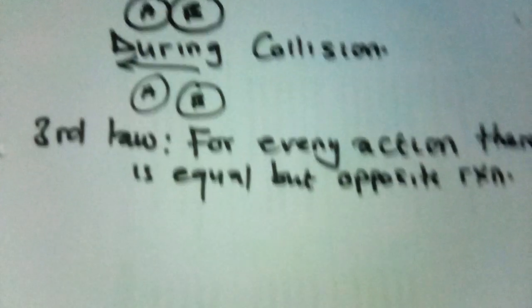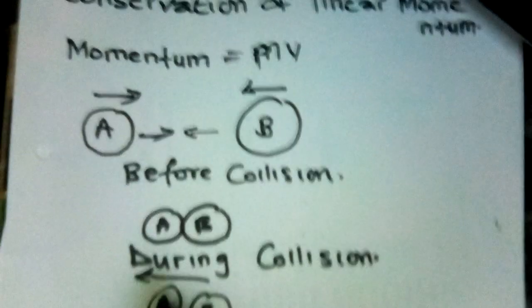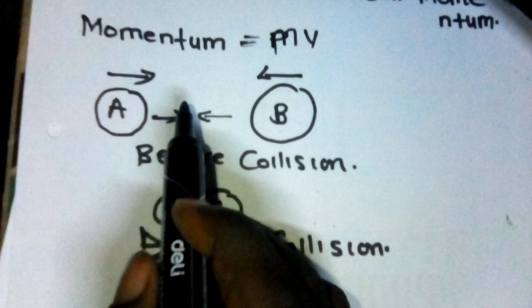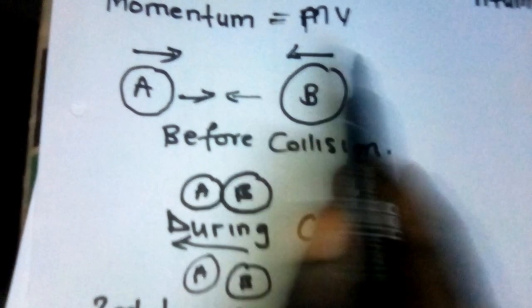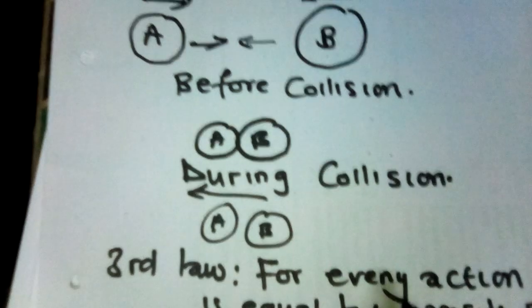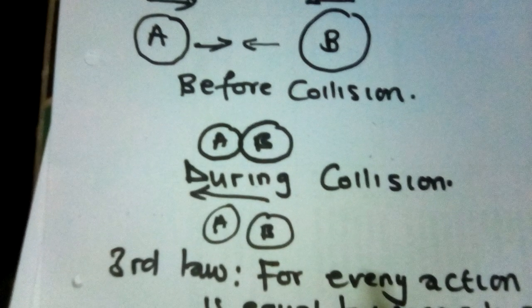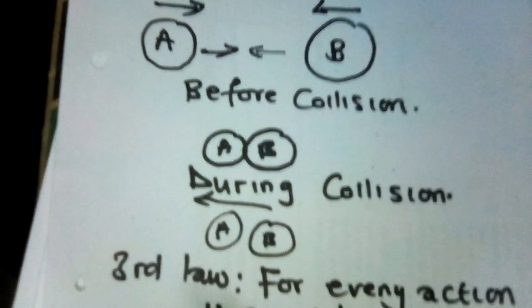Now what does this tell us? This body A was initially moving in this direction with its own force, and body B was moving in that direction with its own force. Newton's third law says for every action there is an equal and opposite reaction.